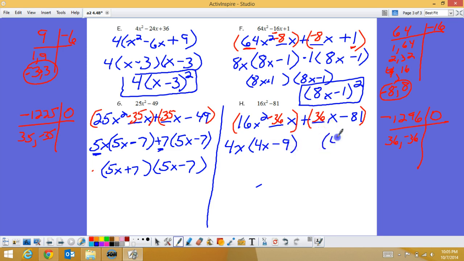So in our second set of parentheses, we want to end up with 4x minus 9. What do I multiply 4x by to get 36x? Multiply that by 9. And our two sets of parentheses: the terms outside, and in the second set, that common set of parentheses.